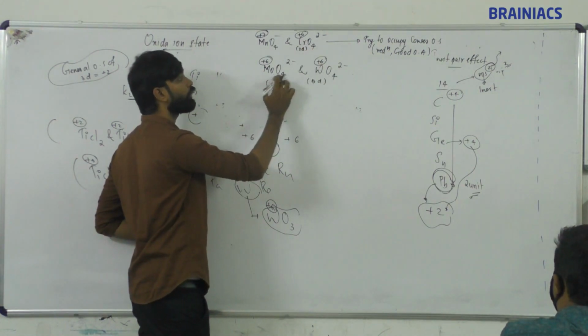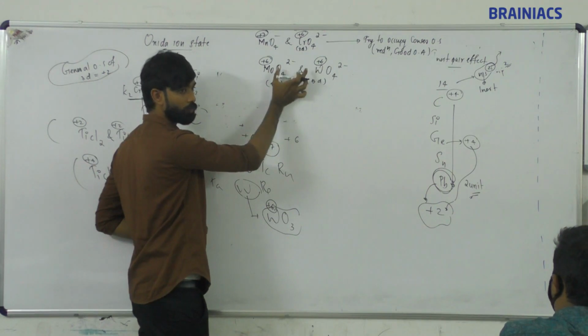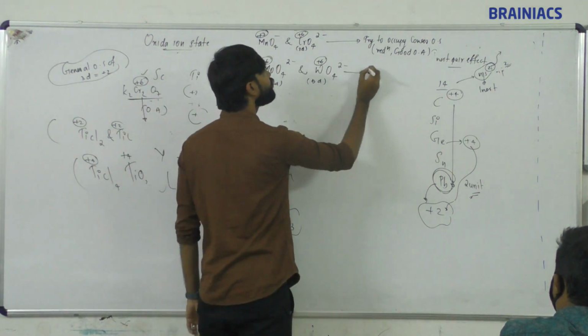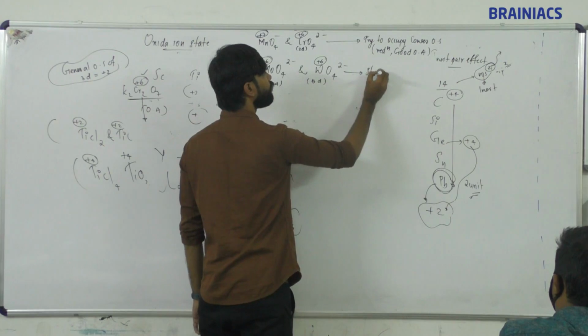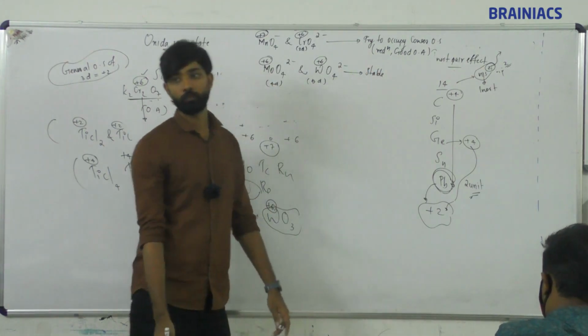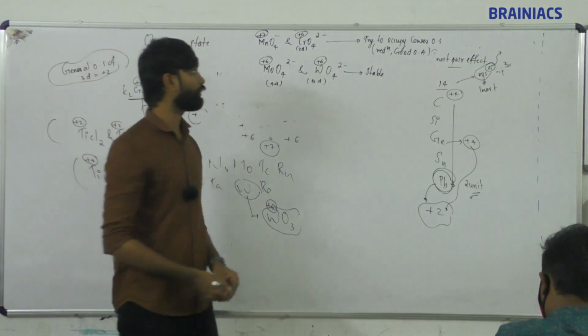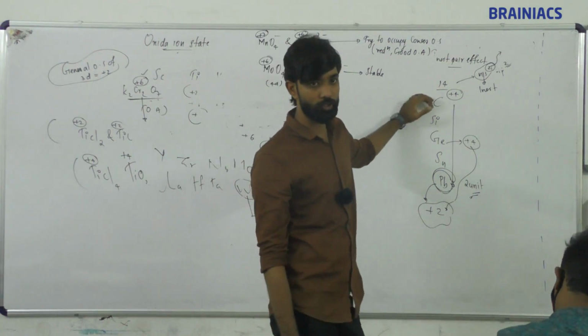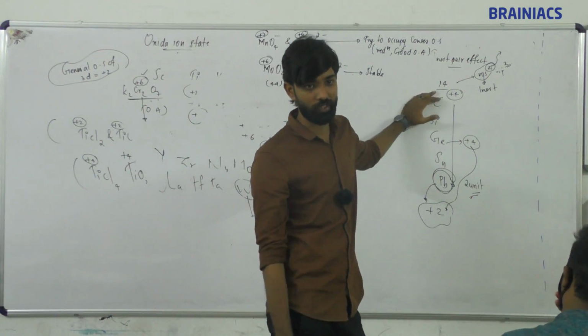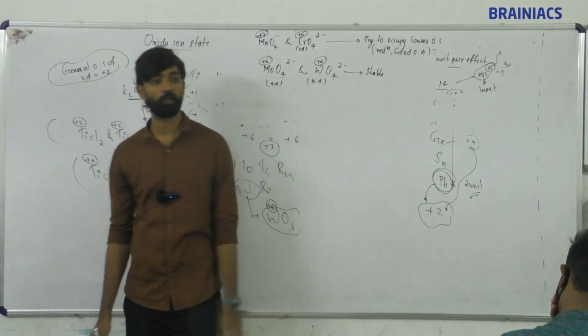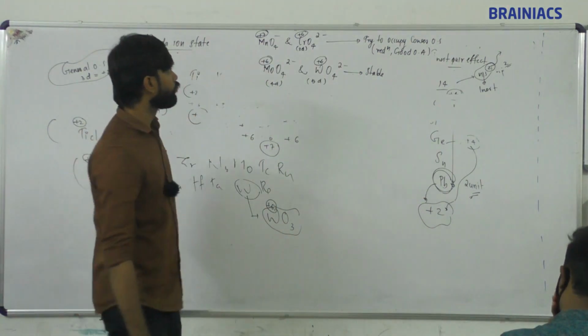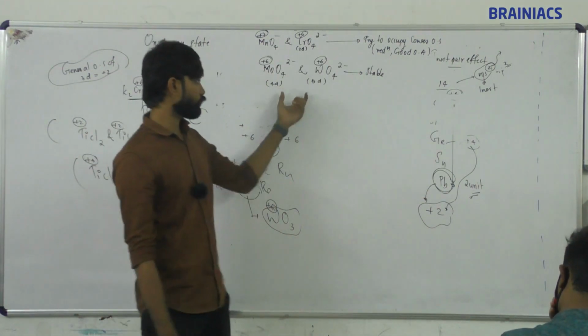So in 4d and 5d they exist in the maximum possible oxidation state, and this is relatively stable. Stable means they do not have a tendency to go to a lower oxidation state, which means they are not good oxidizing agents. So write this one also.